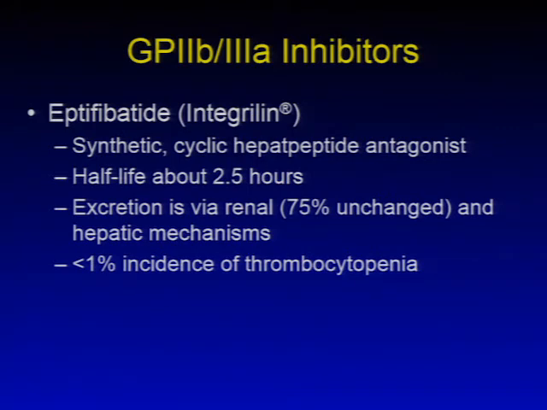Eptifibatide, or Integrilin, is another synthetic cyclic heptapeptide antagonist of the GP2B3A receptor. Has a half-life of about 2.5 hours. Again, excreted renally, about 75% unchanged, but also partially hepatically. Very low incidence as well of thrombocytopenia.